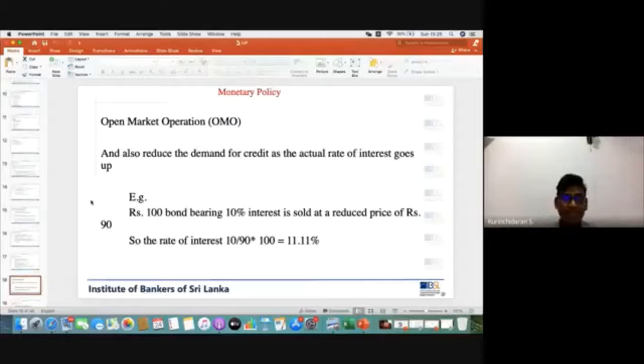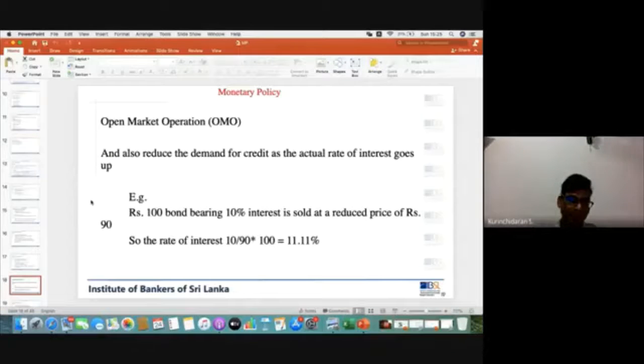In this example, you can see another effect as well. When you sell the securities, let's assume as an example, there's a security, maybe a 100 rupee bond bearing a 10% interest rate, sold at a reduced price of 90 rupees.